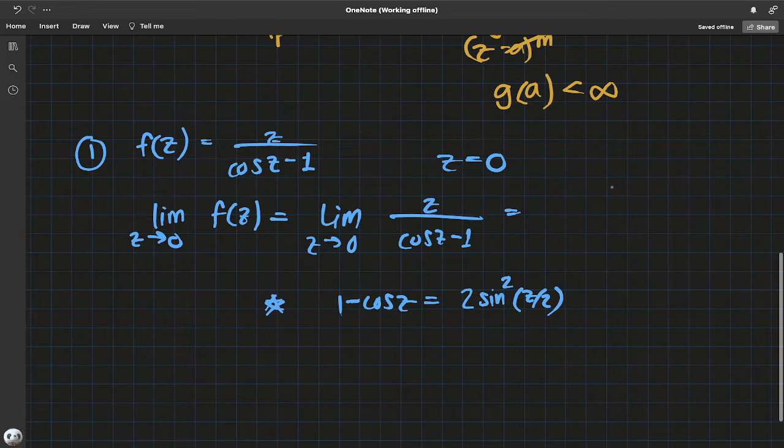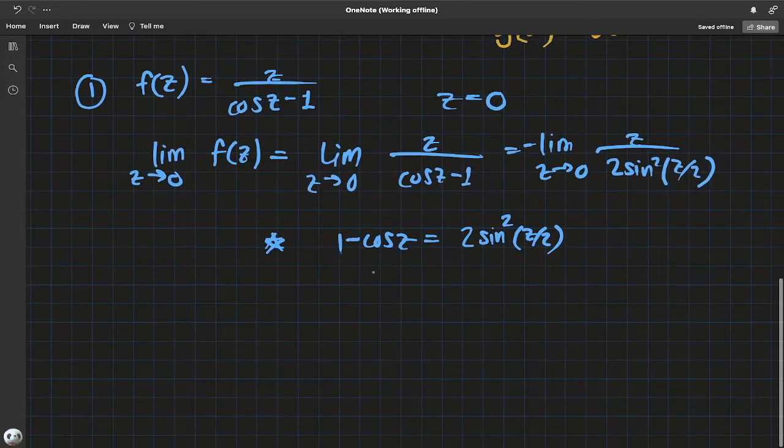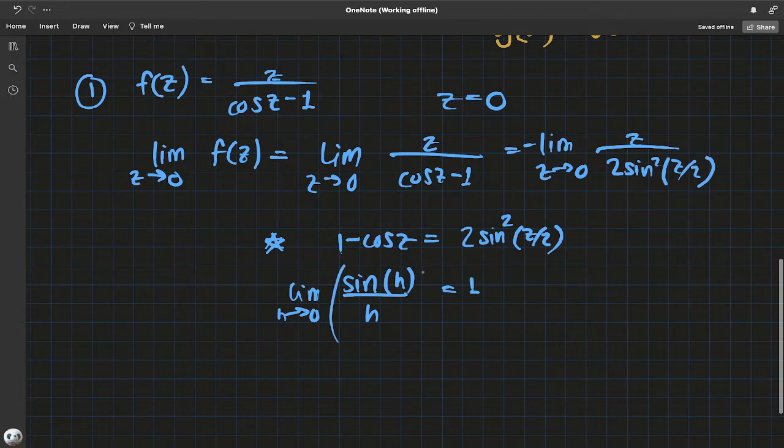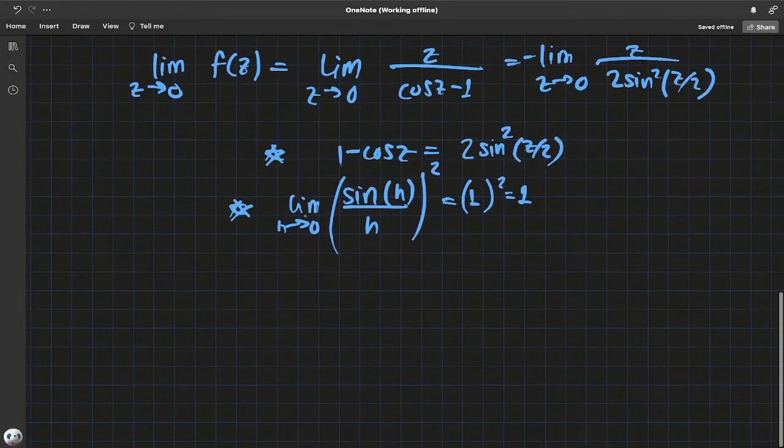I'm going to use that in the denominator, so I have the limit as z goes to 0. I'll have a negative because I'm flipping the orientation. So I'll have 2 sine squared z by 2. And also notice the identity sine of h over h in the limit h goes to 0 is 1. This is also true for the square of this guy. So we can use these identities.